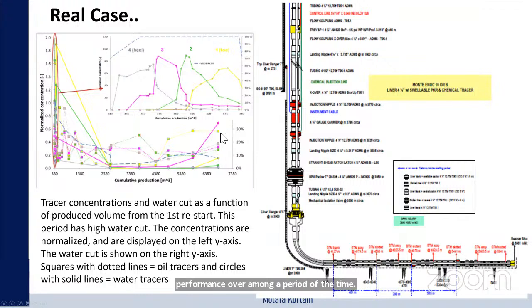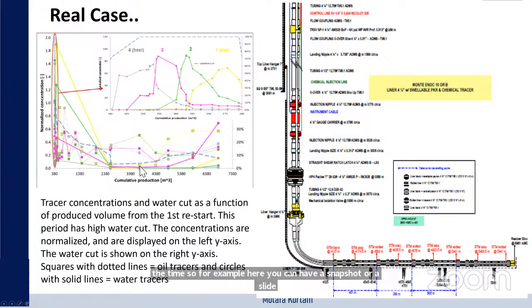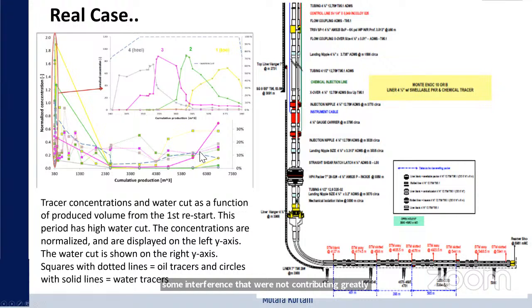And then it shows you the contribution of each stage over time. So, for example, here you can have a snapshot, a slide, to see which interval is producing more than the others, so you can order and rank them. And if you move here, you may find the order and the contribution have changed. Some intervals that were not contributing greatly here become significant here, and that is very common in real life in unsteady state conditions.